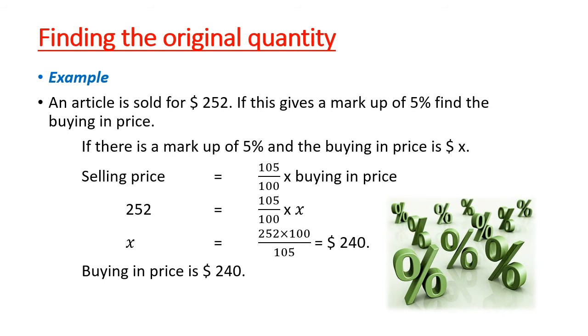Then for the selling price from the question, 252, you can substitute here: 252 equals 105 divided by 100 multiplied by the buy-in, X. Now you have to find what X is, the buy-in price. X equals 252 times 100 divided by 105. The final answer $240, the answer for the buy-in.